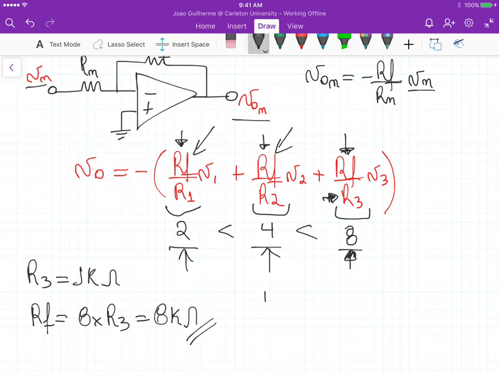So for R2, this should be equal to 4, or let me rewrite here, this should be RF divided by 4, which gives us 2k.